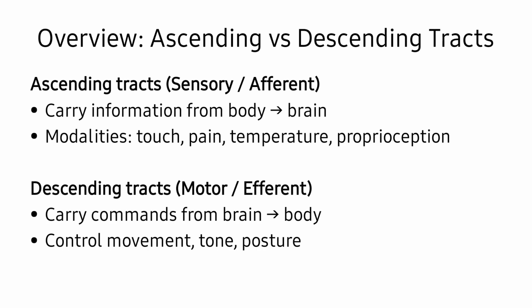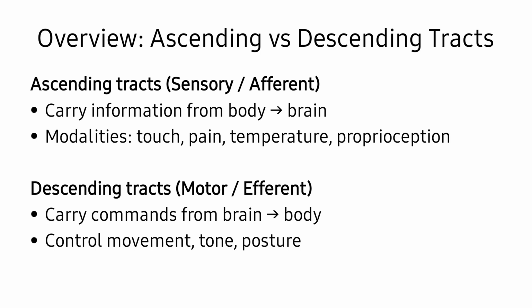The ascending tracts, or axons that are running up the spinal cord, are basically part of the sensory system. What are they doing? They carry information from the body to the brain. And the main modalities, or types of sensations, that we find here are touch, pain, temperature, and proprioception.